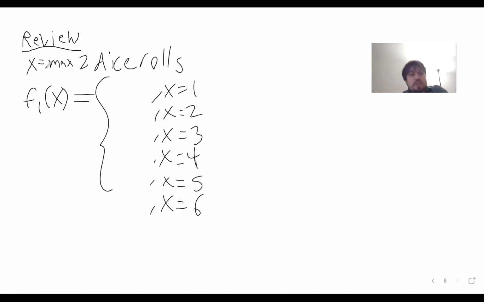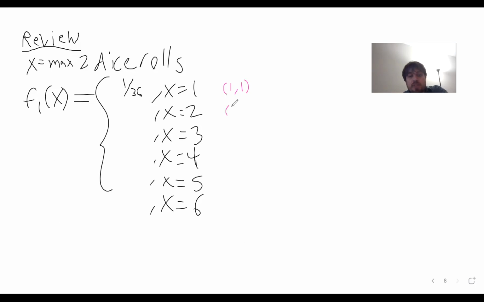So the question is, what is the probability that the maximum of 2 dice rolls is 1? The only way the max could be a 1 is if the 2 dice rolls are 1 comma 1. There are 36 different rolls, so that's 1 out of the total 36 rolls where the maximum value would be a 1.